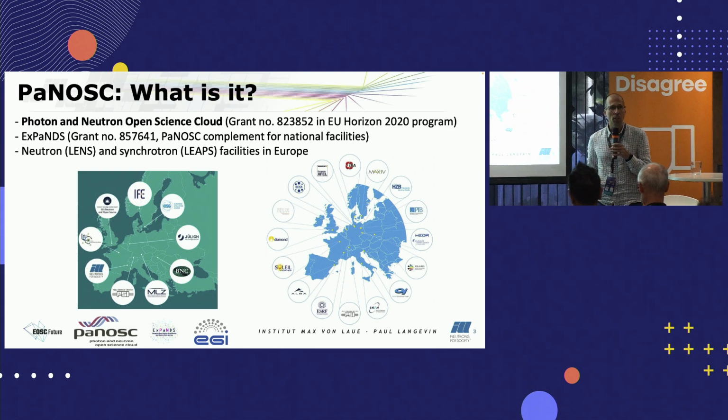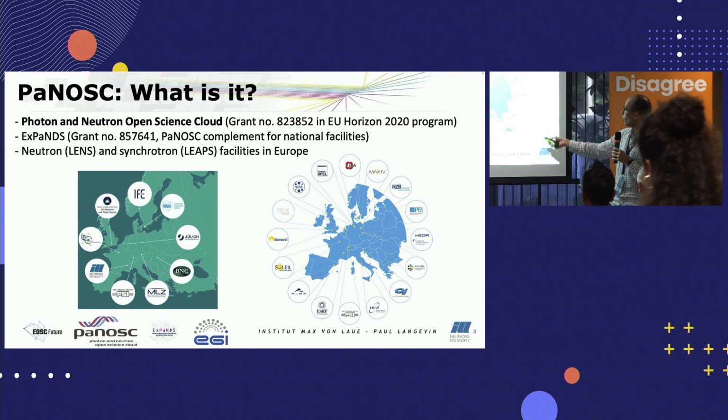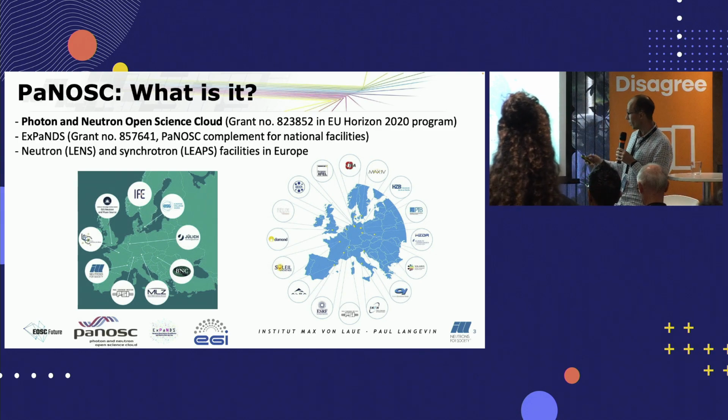So we are talking here about the full photon and neutron community in Europe, which collaborates together in two different associations. One is LENS, the League of European Neutron Sources, with the members that you can see in the figure on the left, and the other one is LEAPS, the League of European Accelerator-based Photon Sources, with all the members that you can see on the right figure.